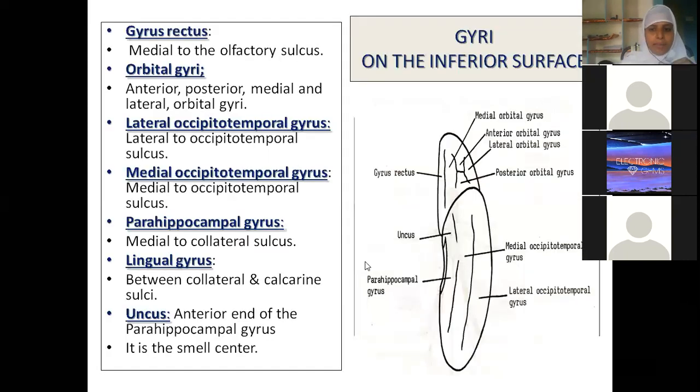So all gyri are labeled here, but this area is the uncus. Gyrus rectus, medial, lateral, anterior and posterior orbital gyri, medial and lateral occipitotemporal gyri, parahippocampal gyrus and uncus. The anterior end of the parahippocampal gyrus.